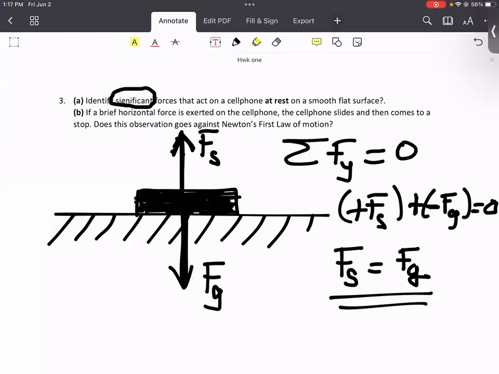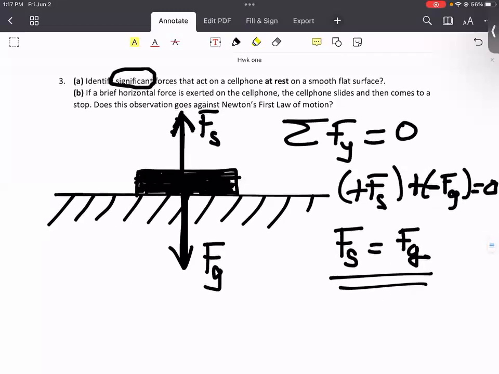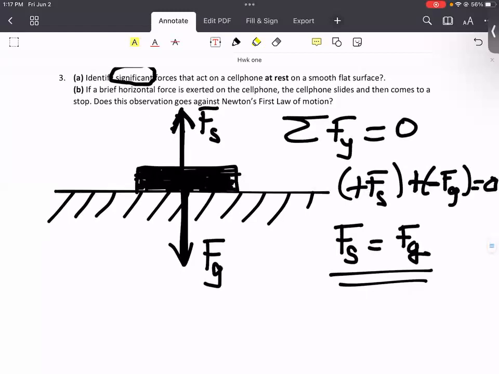What about question B? Question 3B says that if a brief horizontal force is exerted on the cell phone, it slides and then comes to a stop. Does this observation go against Newton's first law of motion?